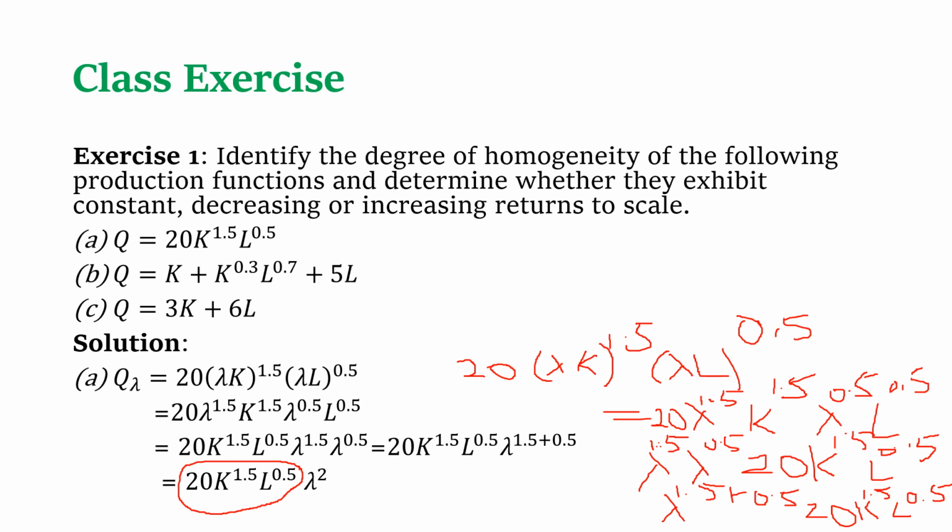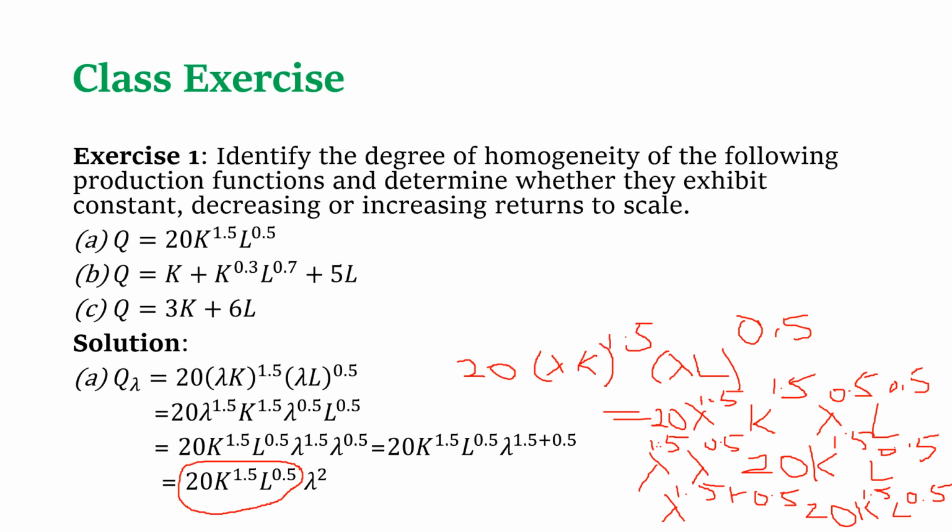And so, because it is homogeneous of degree 2, if we increase all the inputs by a certain amount, the output is going to increase by more than the increase in inputs. So returns to scale are increasing here.